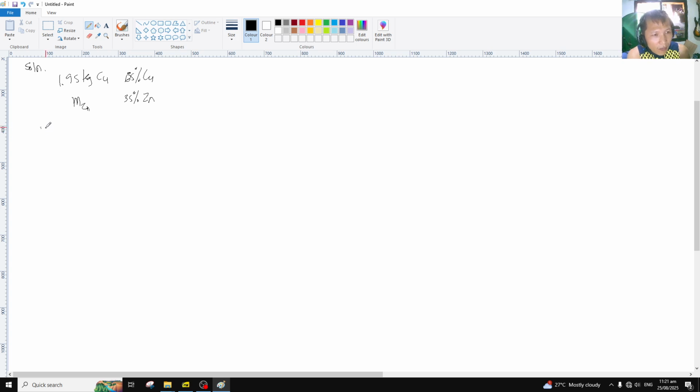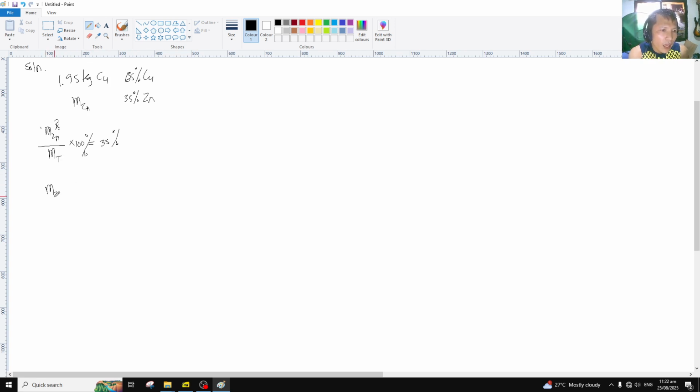So mass percent of zinc is the mass of zinc divided by the mass total, times 100%. That will give us the 35%. That's the formula in which the mass of zinc is asked, and the mass total is also unknown. Okay, this is a classic one. So maybe you can solve this by formula.